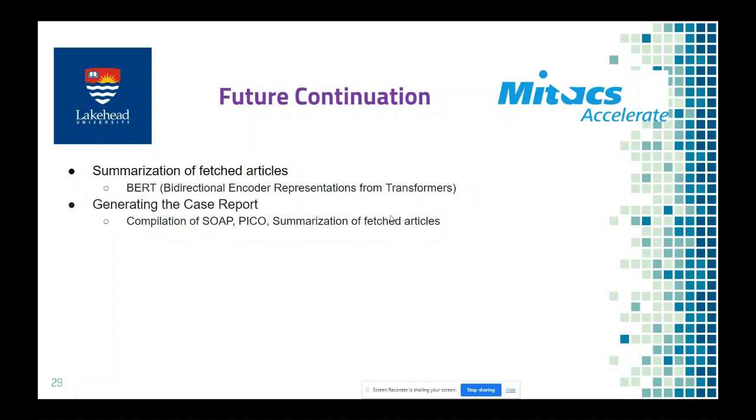Now, this is our future continuation. Once we get the articles from the PubMed database side, we use the BERT language model to summarize each article, and with the help of this summarization, we use SOAP, patient conditions, and PICO questions to generate one case report.